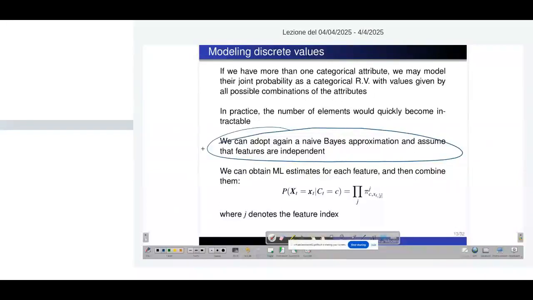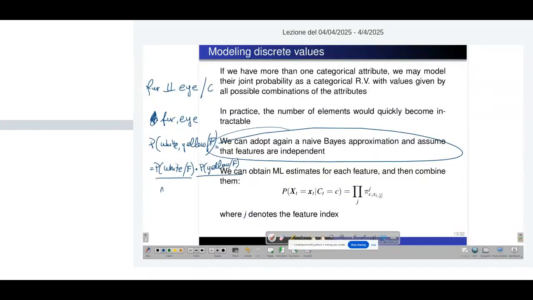So for example, I assume that the fur color is independent from the eye color, which means that whatever the combination of fur and eye, the probability of, for example, white and yellow, given the class, of course, this is always independent given the class, can be factorized as the probability of white given female times the probability of yellow given female. Which means that now I just need to specify the probability of white given female and the probability of yellow given female.